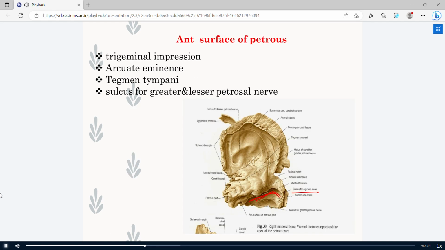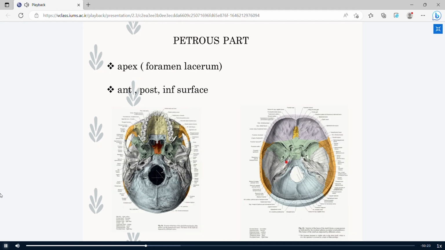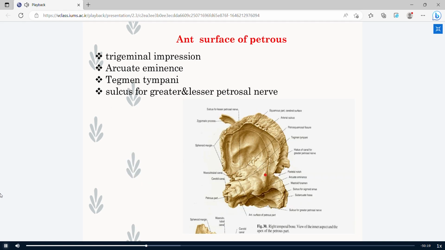Please look at the anterior surface of the petrous. This is the petrous, and this is the anterior surface of the petrous. In this picture, at the anterior surface of the petrous, near the apex, there is a depression for the trigeminal ganglion.